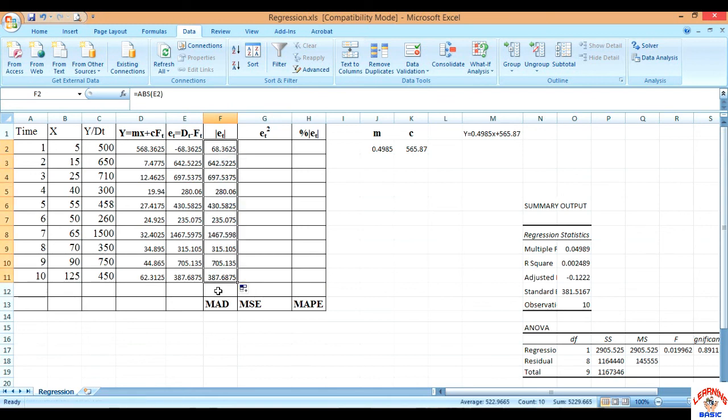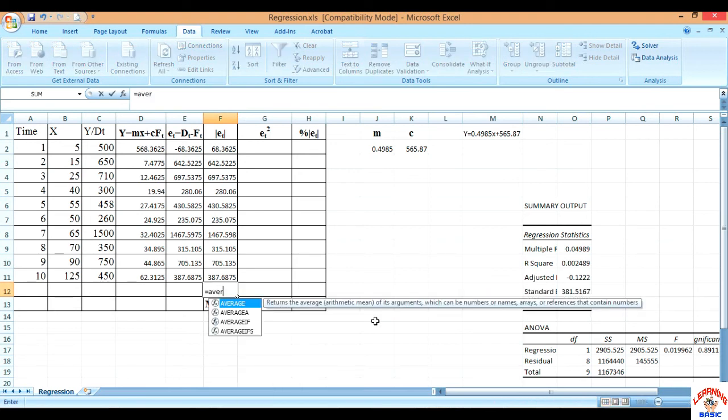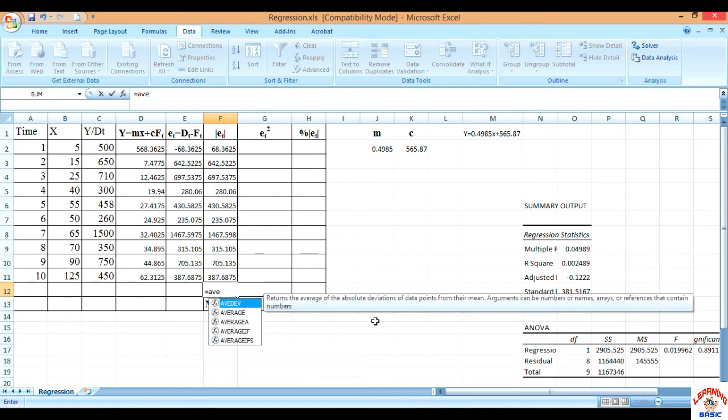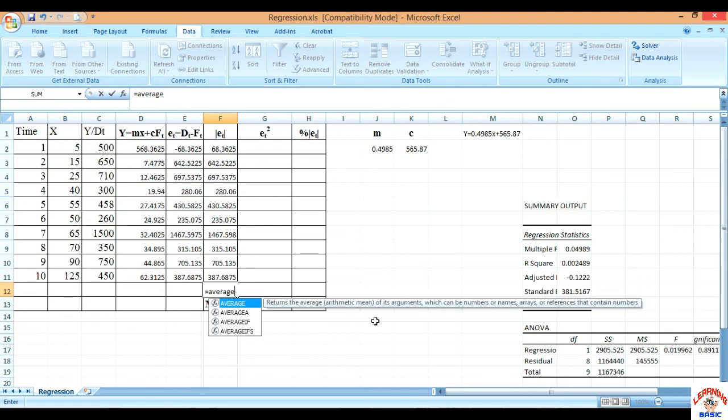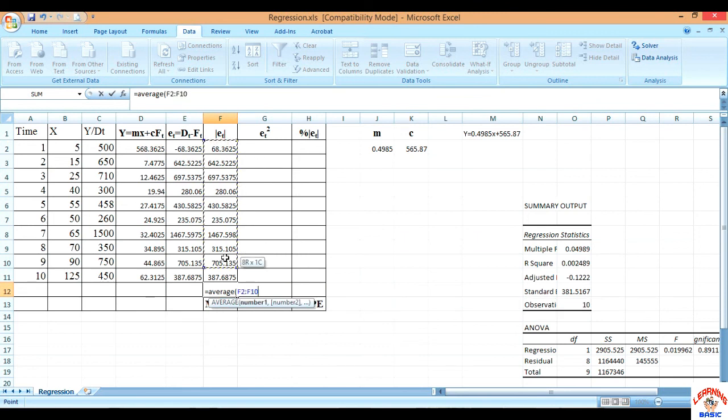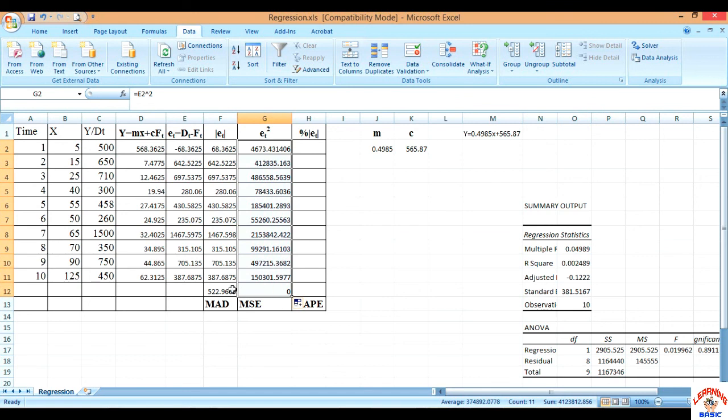Now to calculate MAD we have the formula equals the average of all these, and enter. For MSE, the values are squared, so this is squared, enter.